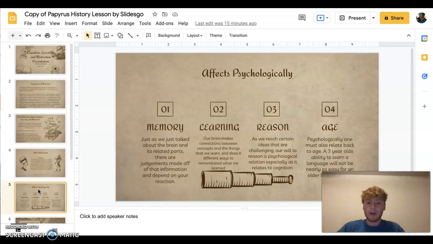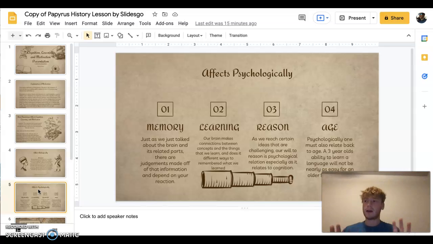So then we have learning. Like I was saying, our brains make connections between certain concepts and ideas that we learn throughout time, and through that thread of time, it connects one thing to another, and that's how we learn things together. Third is reason.